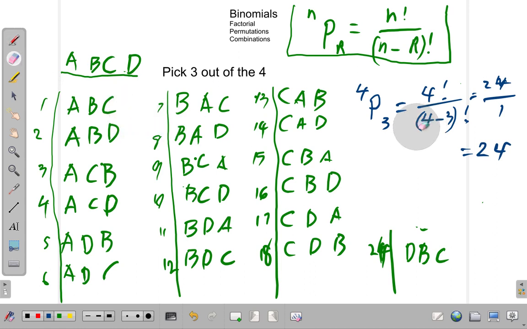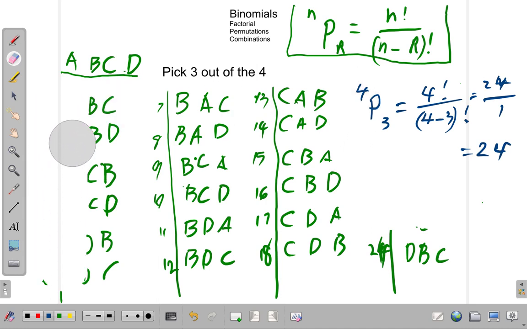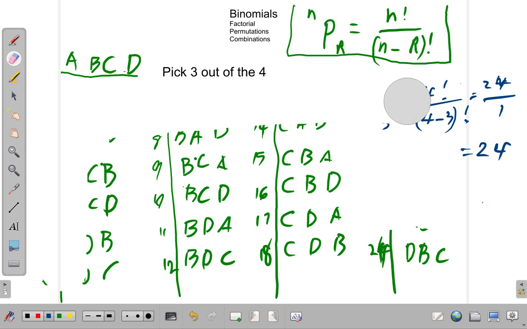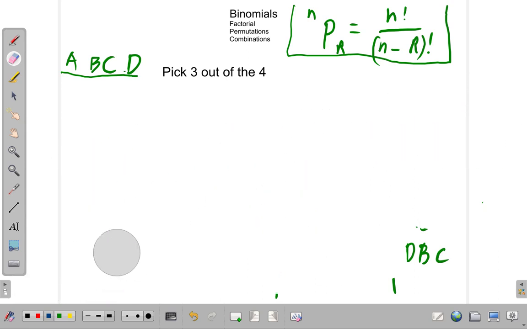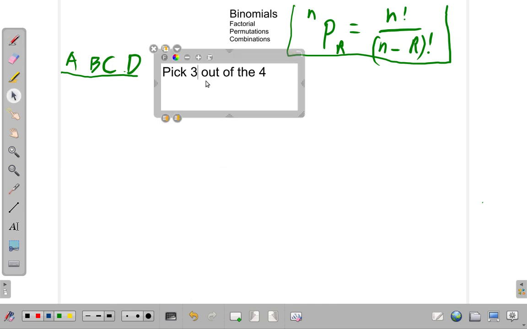Now, that's nPr. What we're going to do is look at what happens if you choose only 2 letters to arrange. First of all, let's try it with the formula to see what number the formula is going to give. We're going to pick 2 out of 4, so 2 letters out of the 4 available.